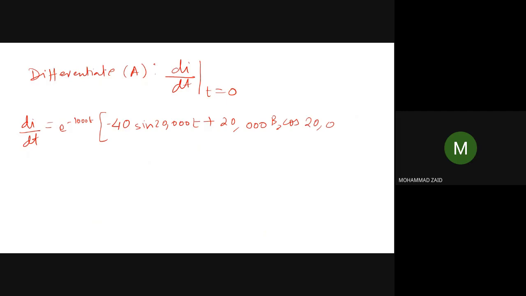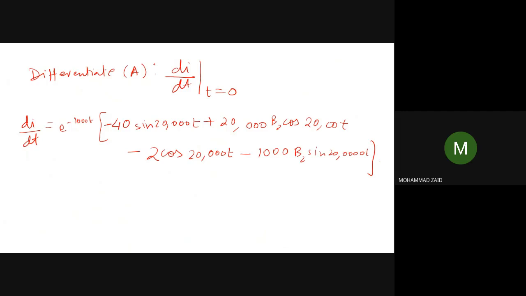So we are differentiating it: minus twice of cos of 20,000 t, minus 1000 times B2 sine of 20,000 t. This kind of expression you will get. This is minus 40.